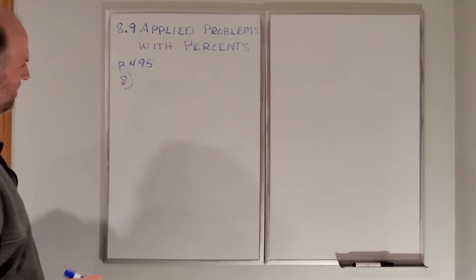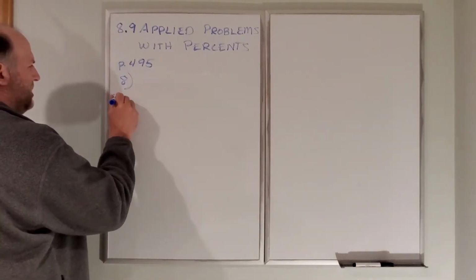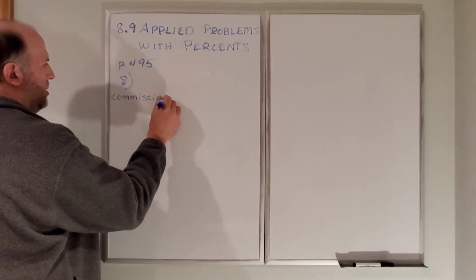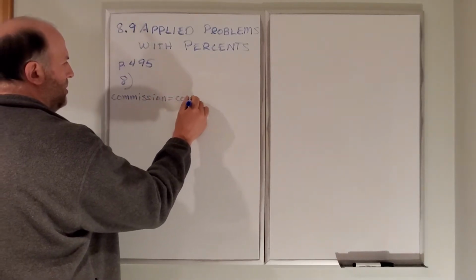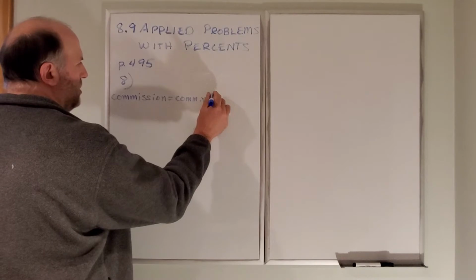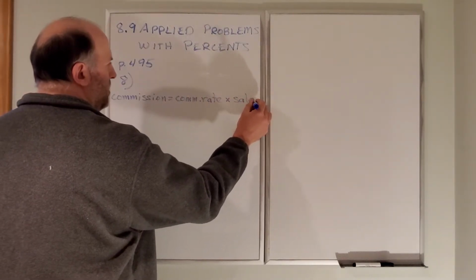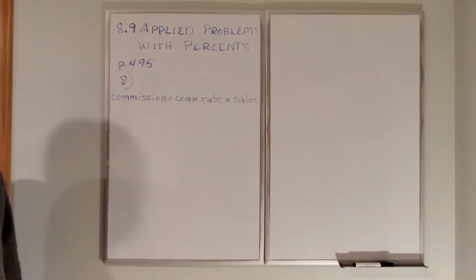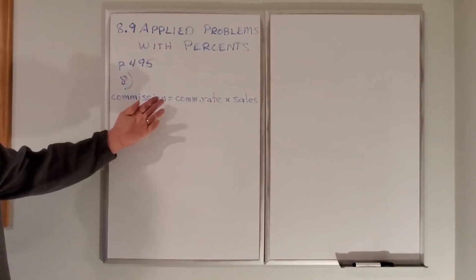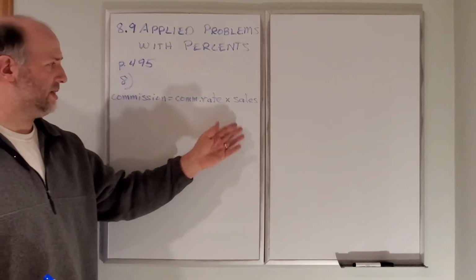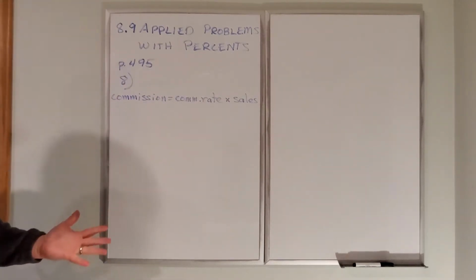Oh boy, can I fit this on the board? I'll try. Okay. Commission is equal to the commission rate, sorry, I had to abbreviate that, times sales.